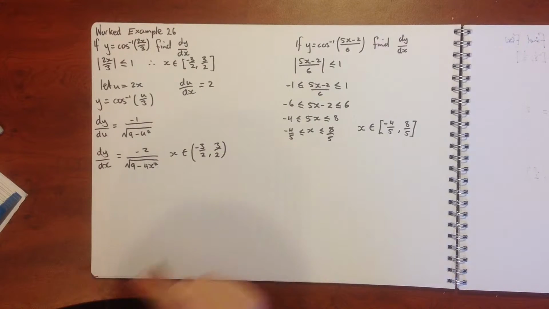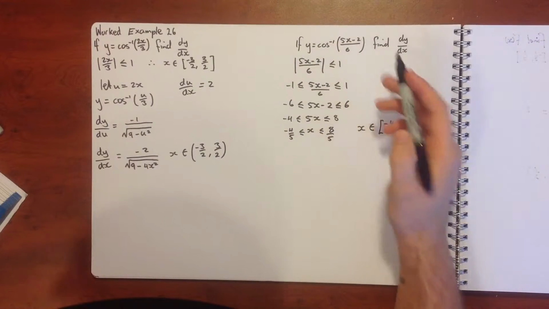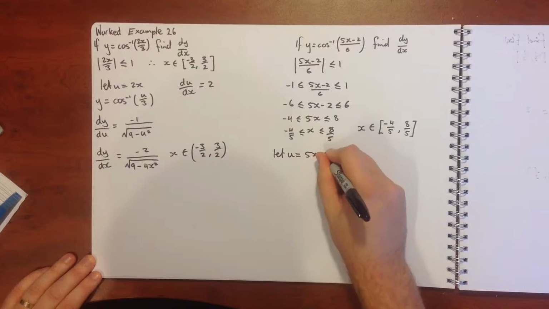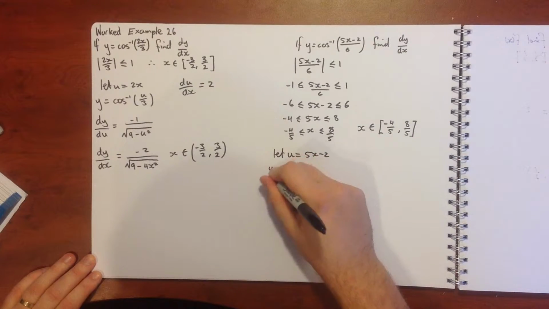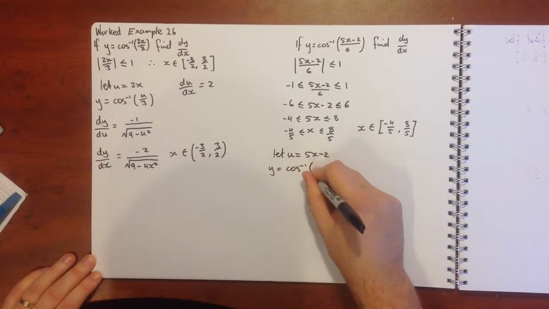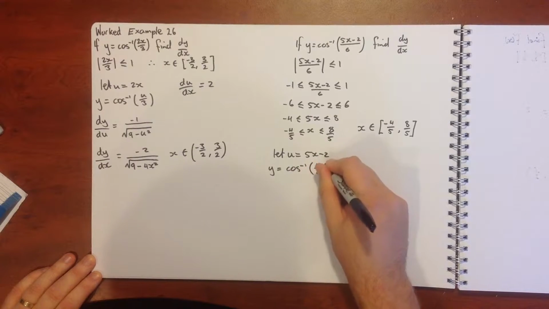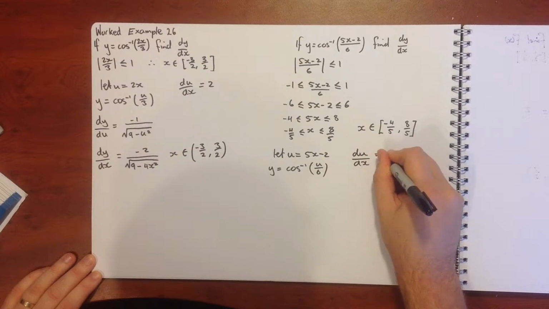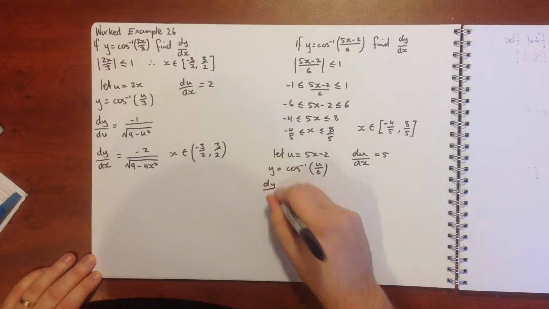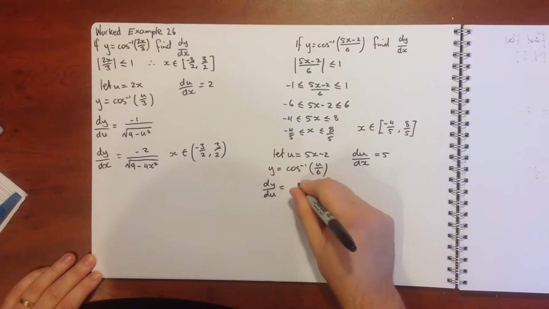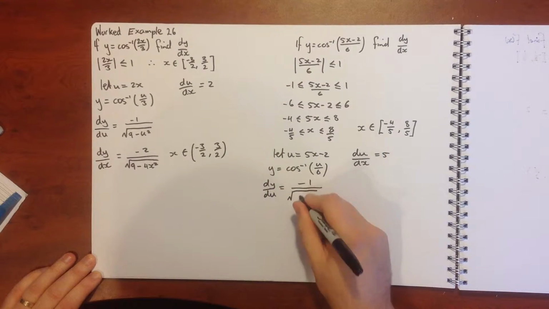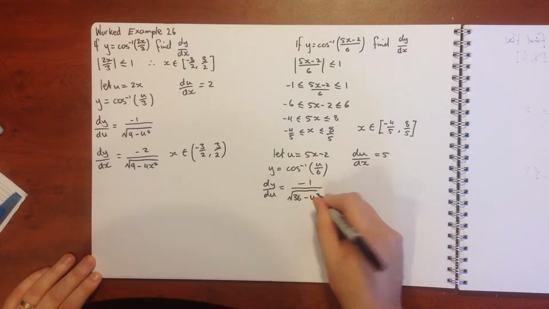For this one, we let u equal 5x minus 2. Then y equals inverse cos of u on 6. When we do our du/dx, that's 5. Our dy/du is going to equal minus 1 over the square root of this number squared, 6 squared, so 36, minus u squared.